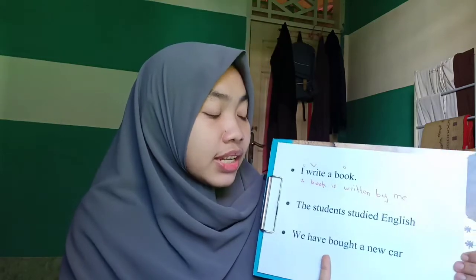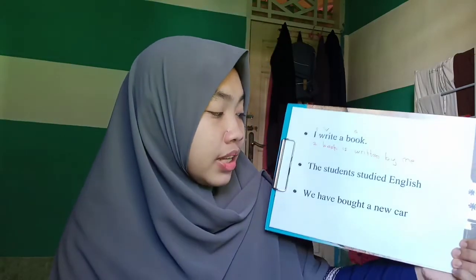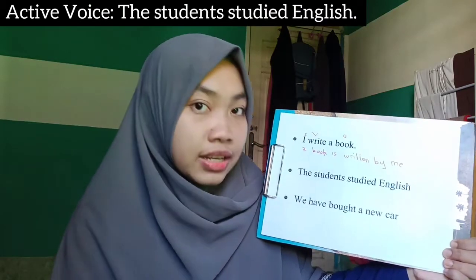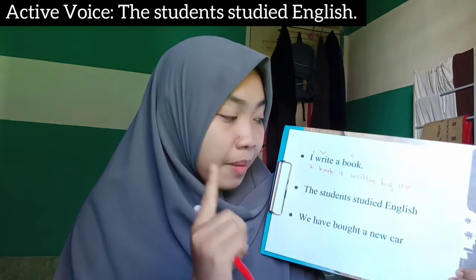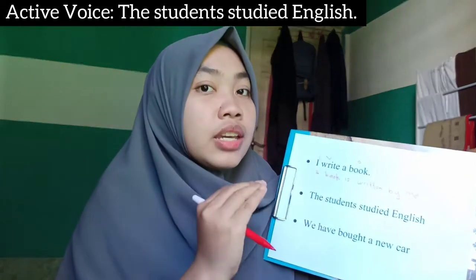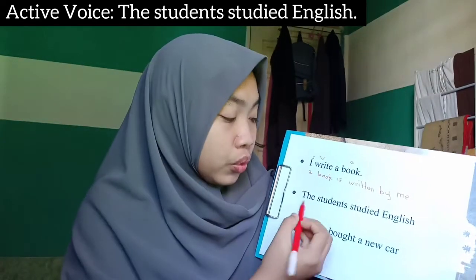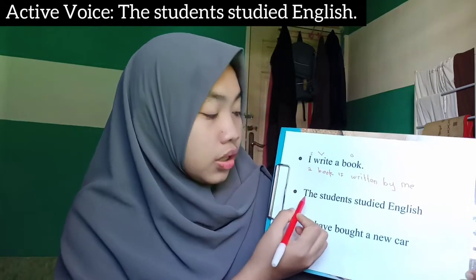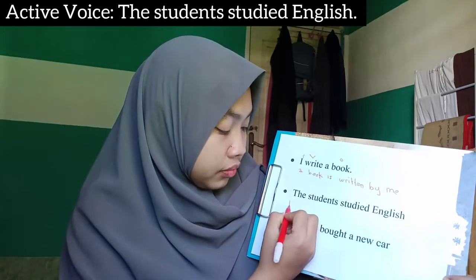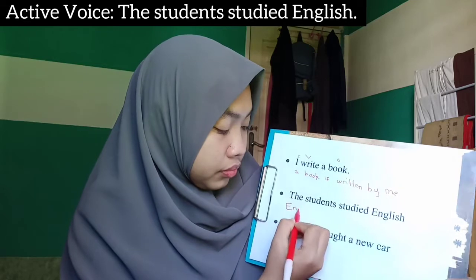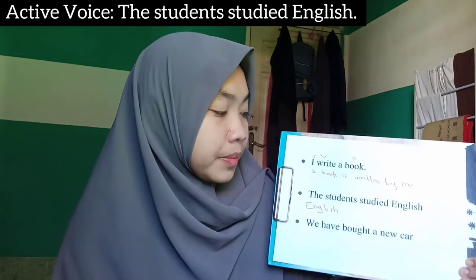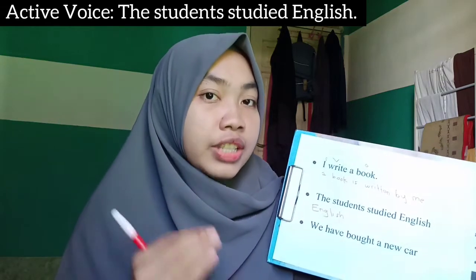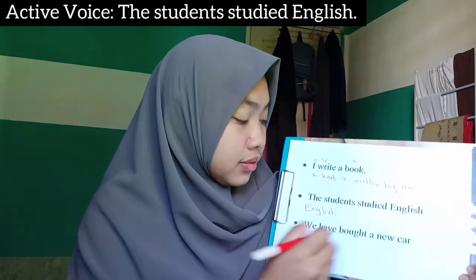Okay, so the second example is: the student studied English. First, remember, we have to put the object into the subject position: English. And then we change the verb into passive.